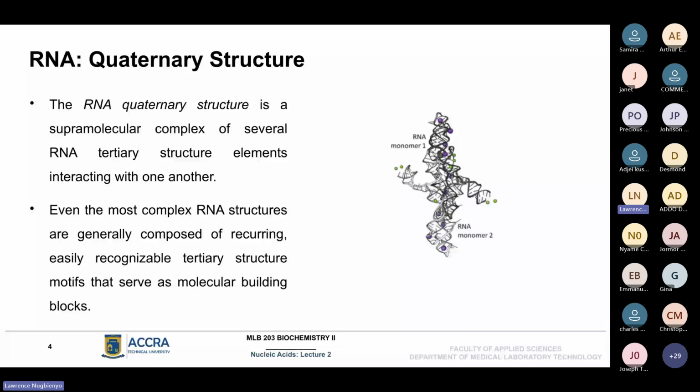Now, when you talk of quaternary structure of RNA, it usually means a complex of RNA and proteins, or even if it is only RNA molecules that you are referring to, it means you have RNA molecules that have tertiary structures in them, but these RNA molecules form complexes together such that the complex acts as one.